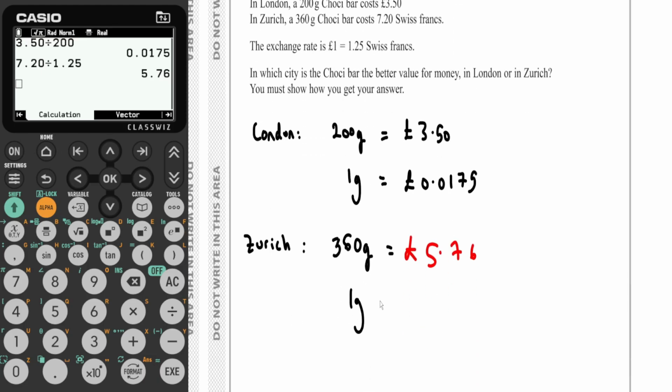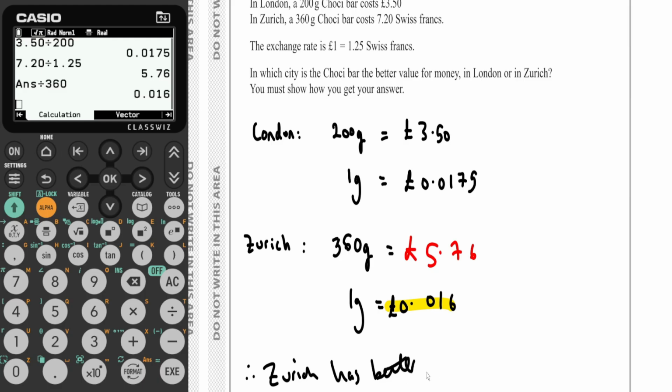So for 1 gram, I need to do this divided by 360, which is 0.016. So which is better value for money? That will be Zurich, because this amount is less than this amount. So therefore, Zurich has better value for money.